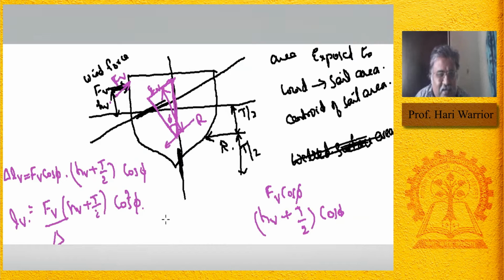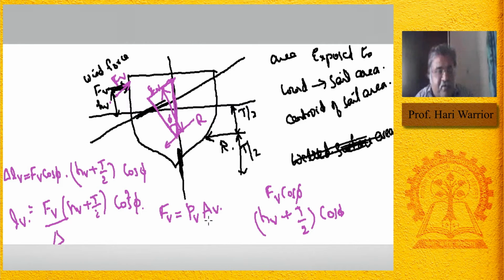Now, I'm not going into this, but just quickly we'll see that FV, which is the force due to the wind, is usually given as PV into AV, okay, where P is the pressure generated due to the wind, and A is the area. This area becomes A cos phi.